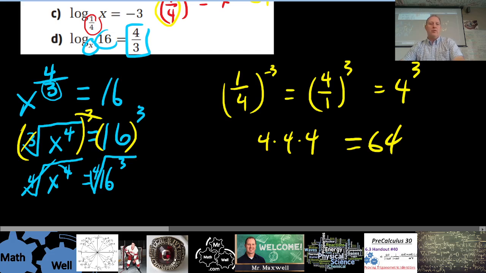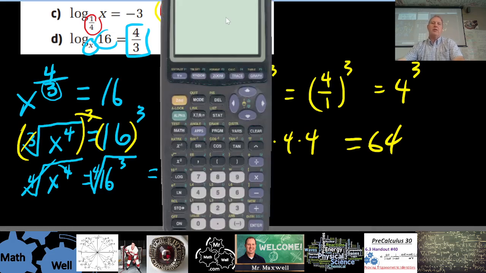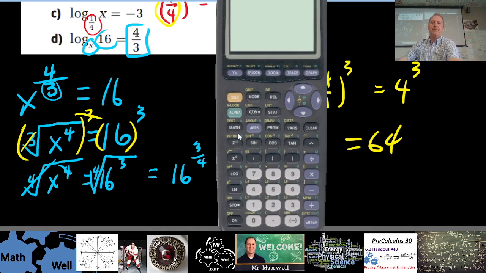So the 4th root of 16 cubed, or 16 to the power of 3/4. So however way you want to do that on your calculator. 16 to the power of, use your brackets, 3 divided by 4 is 8.